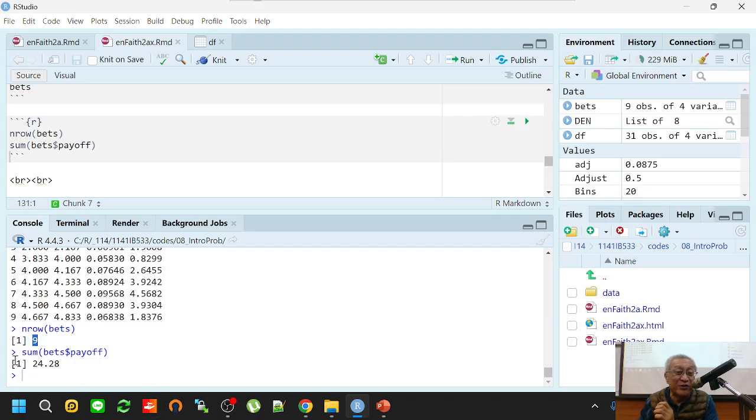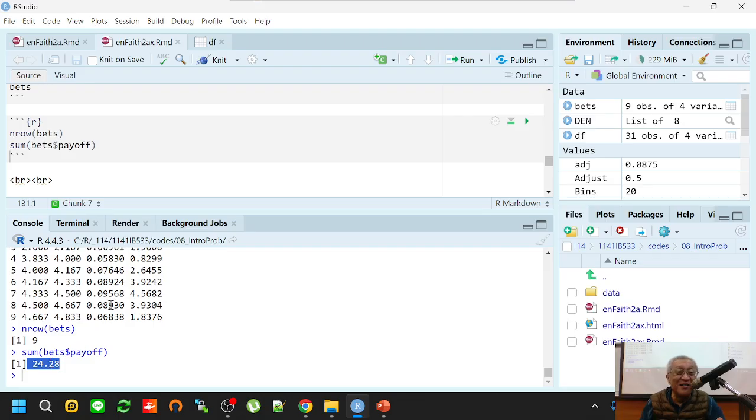For every trial, you will not get 24.28. You will either win, if you win $100 and minus the cost, you win 55, and if you lose, you lose $45.